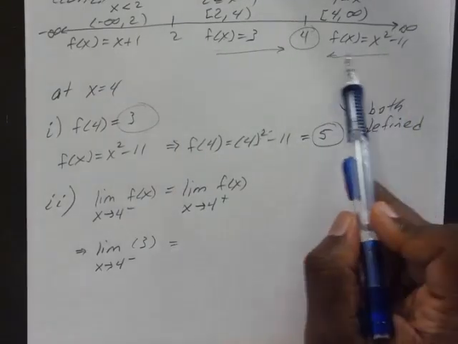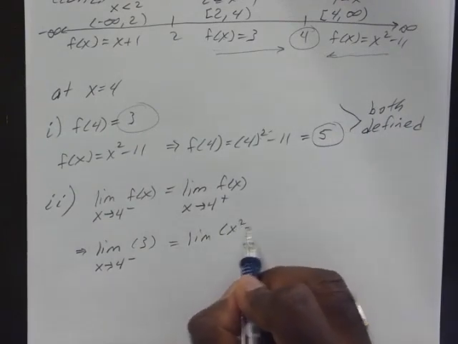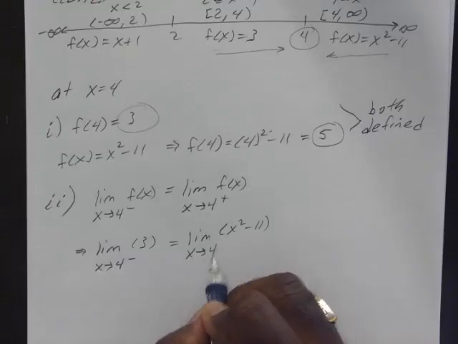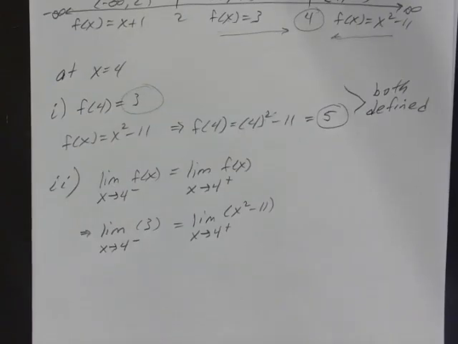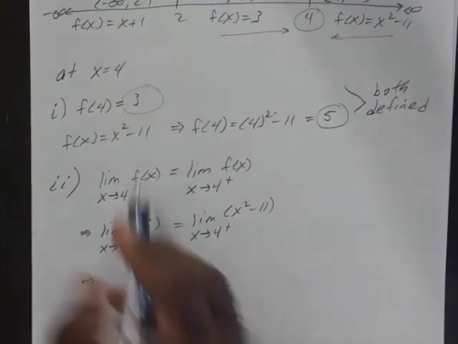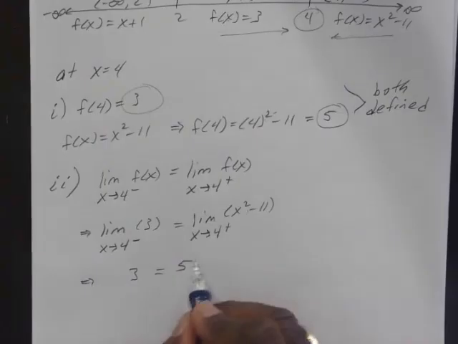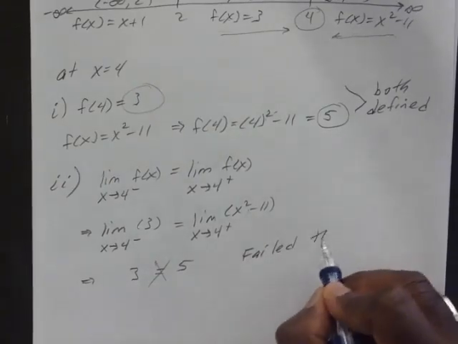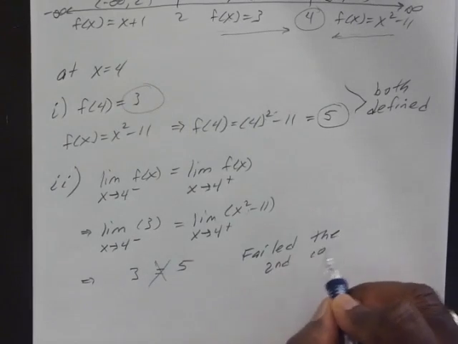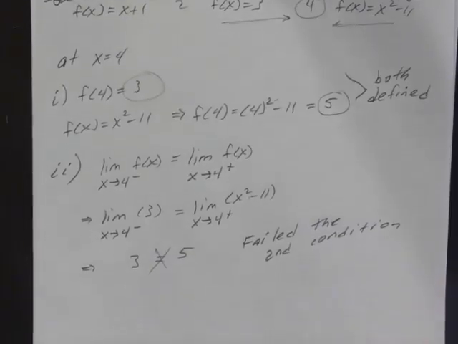As you're approaching 4 from the right, your f of x is x squared minus 11. So we use direct substitution, which we already did up here. You know, this side is just going to be 3. This side is going to be 5, which is not true. So it failed the second condition. So we know it's discontinuous at x equals 4.